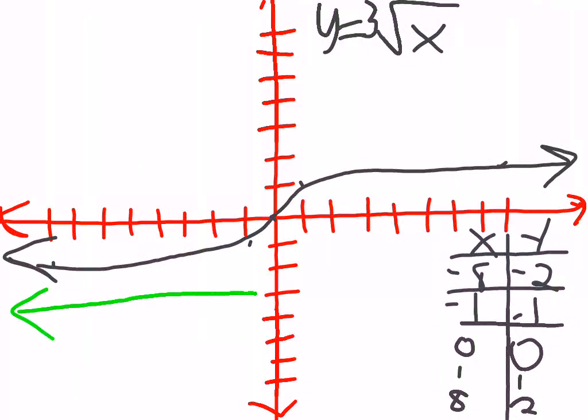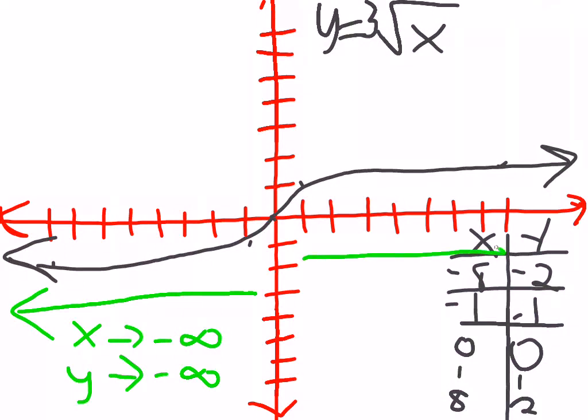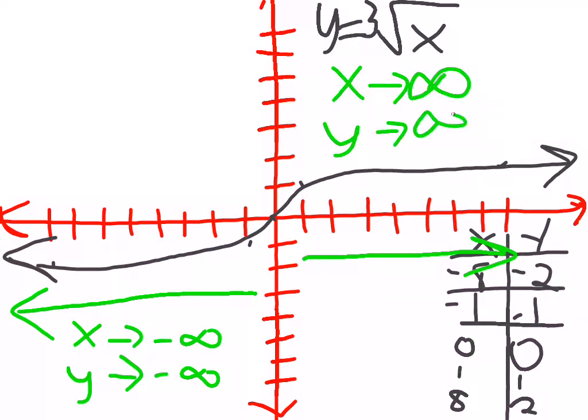Well, y is only going to get more negative as I keep going to the left. So, as x approaches negative infinity, so does y. Y continues to get more negative as well. Y approaches negative infinity. And what happens as I move to the right, as x approaches infinity? Well, as x keeps going in the positive direction, so does y. Y is just going to get bigger and bigger, so y approaches infinity.